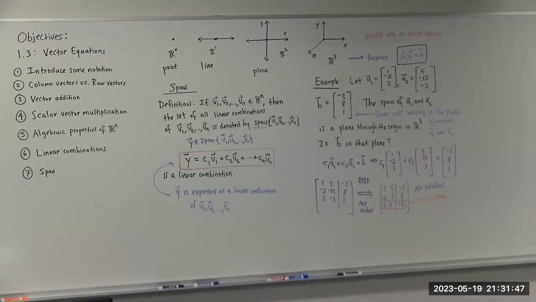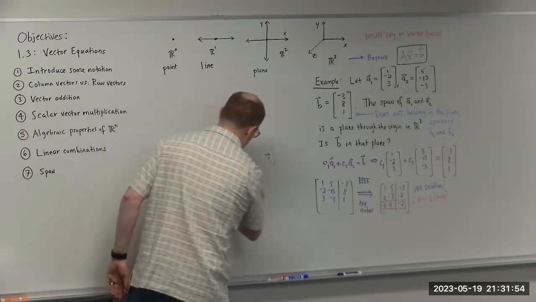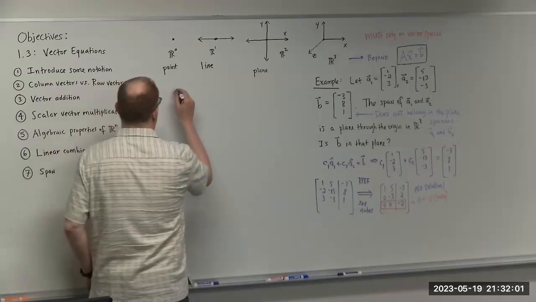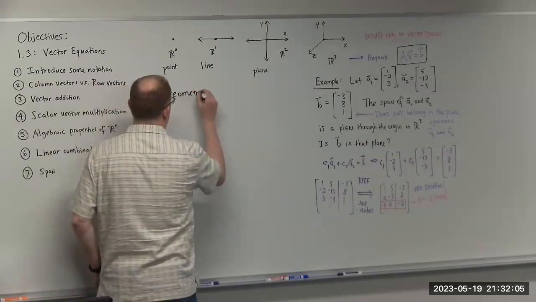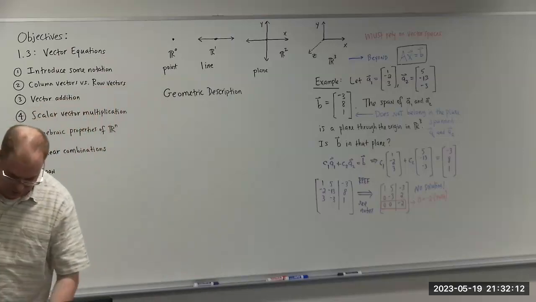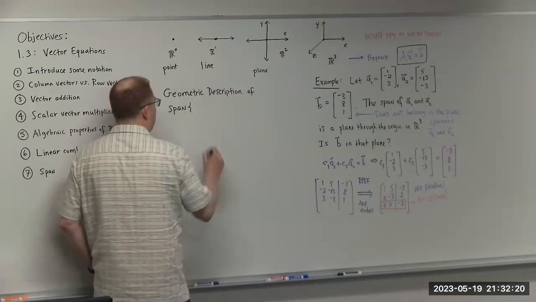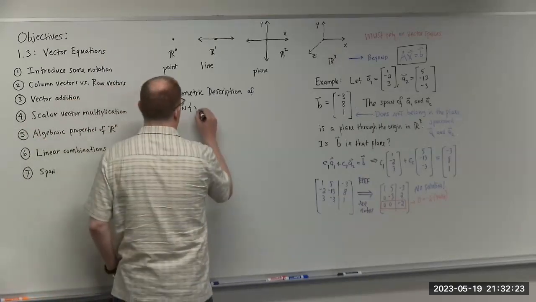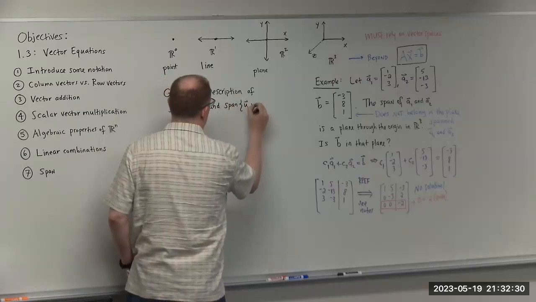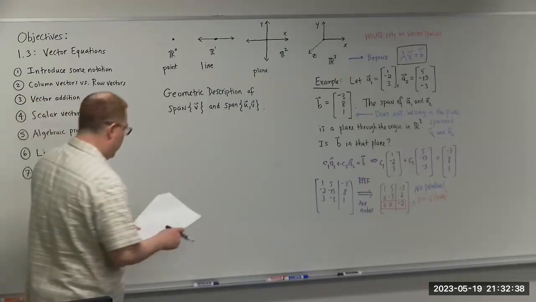One last thing, going back to some of the geometry: the geometric description of the span of one vector, which I'm calling V, and the span of U and V. There is a difference here in terms of the geometry.